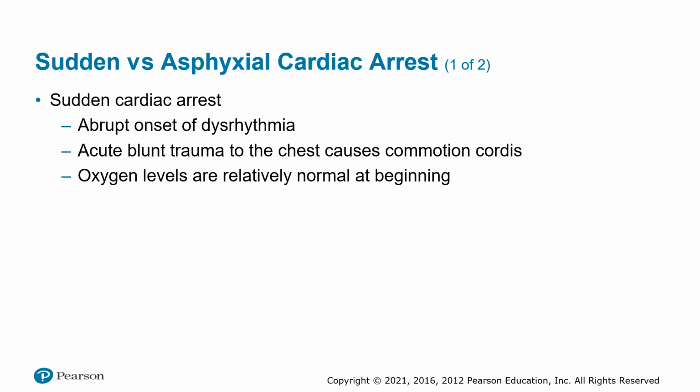And if you watch those medical TV shows and they hit their fist on the chest, that's really what they're trying to fix, this commotio cordis. And in sudden cardiac arrest, their oxygen levels are relatively normal at the beginning.